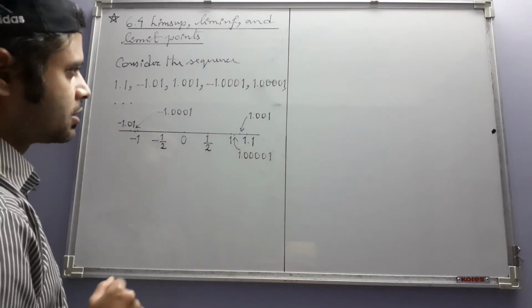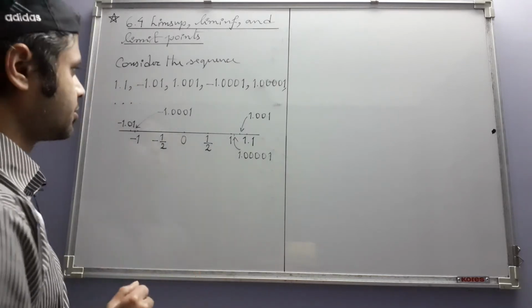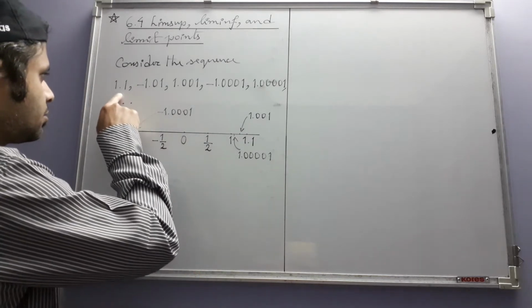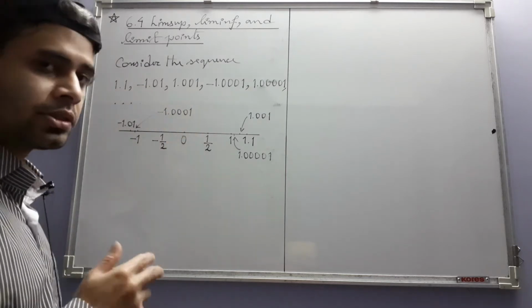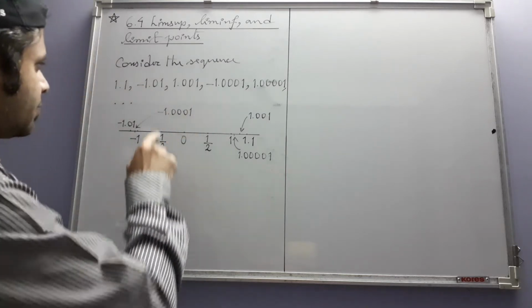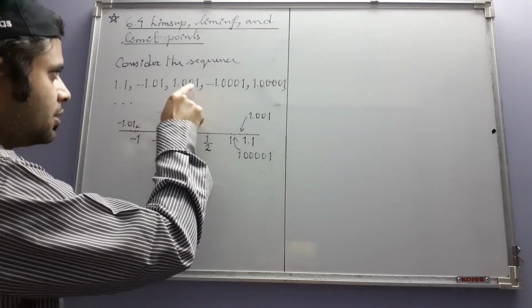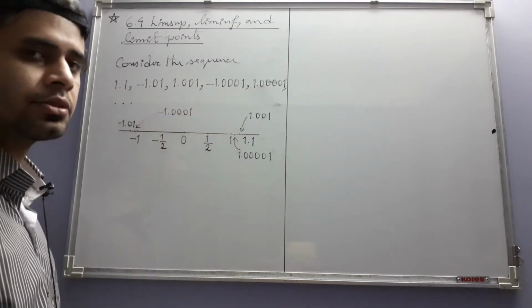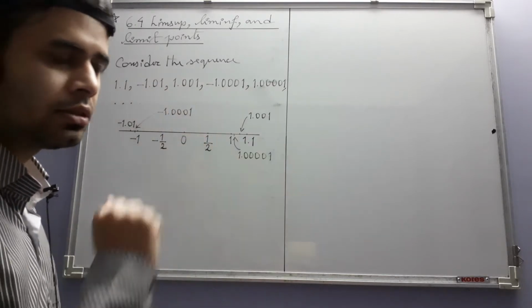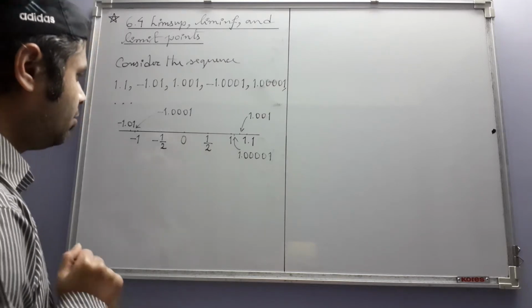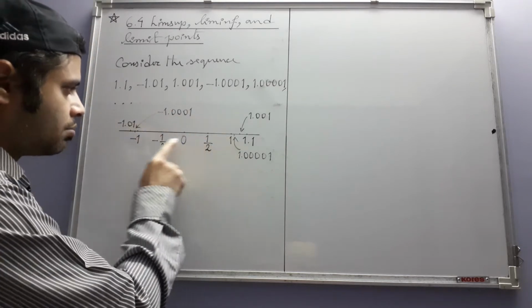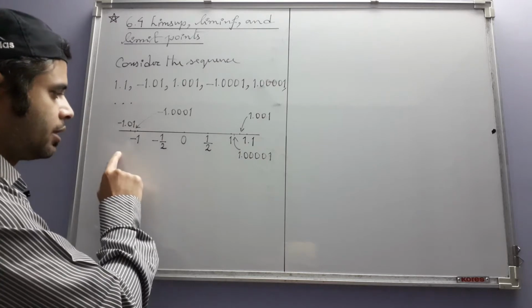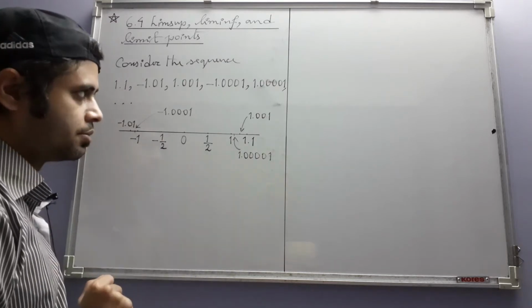Now in this sequence, as we saw previously also, the terms are alternately positive and negative real numbers, and the number of zeros between these two ones increases one by one as we go down the sequence. Now if one plots these real numbers on the real line, one gets a diagram like this.